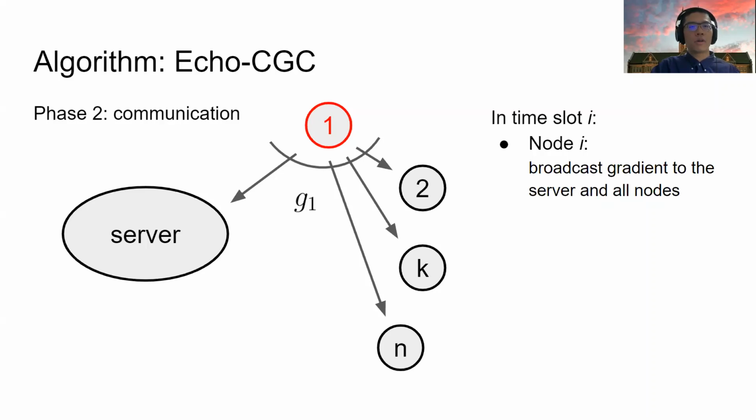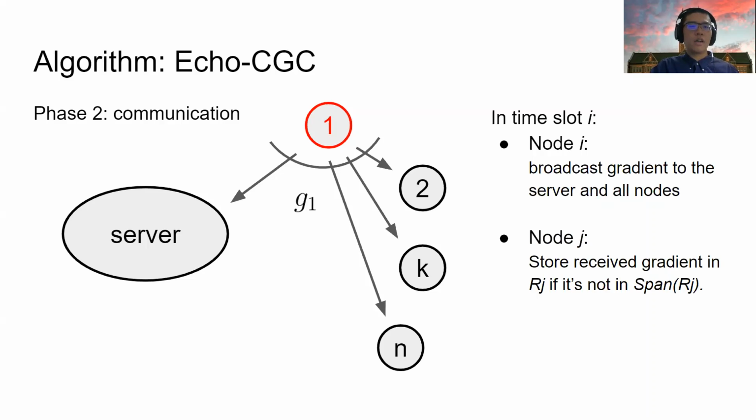Meanwhile, every worker i has a local memory that stores necessary received gradients, which is denoted as R_i. Upon receiving a gradient from worker i, node j other than i will check whether the received gradient is in the span of R_j, the set of all stored gradients.